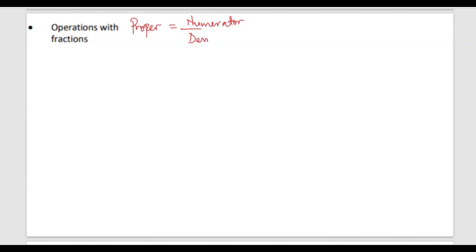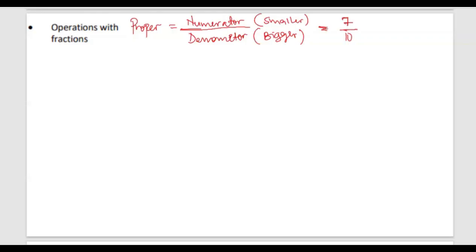Proper simply meaning the numerator is smaller than the denominator. A proper fraction, for example, like 7 over 10. This is a proper fraction. The number above is smaller.